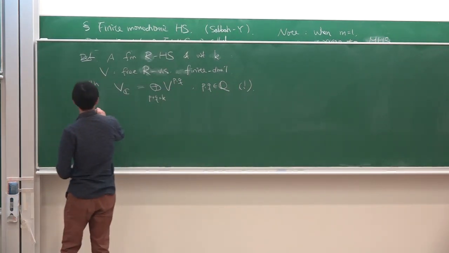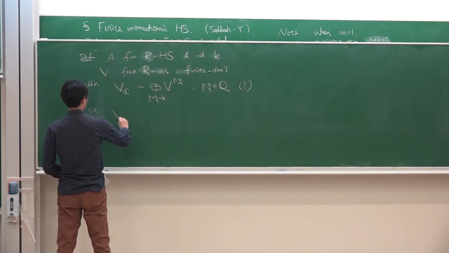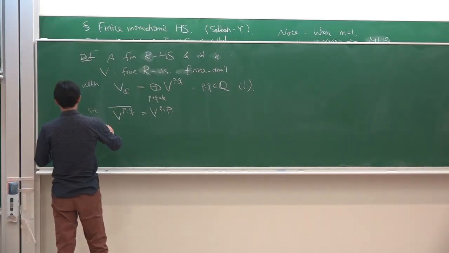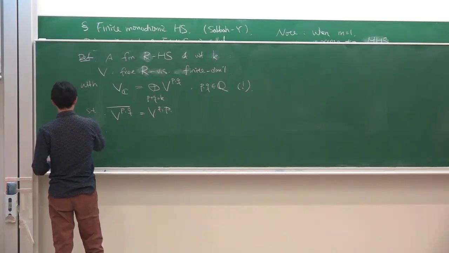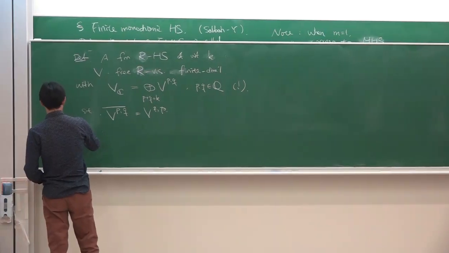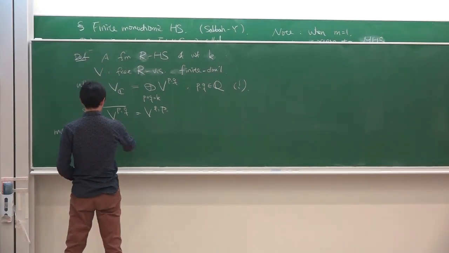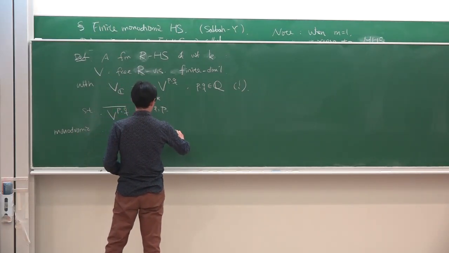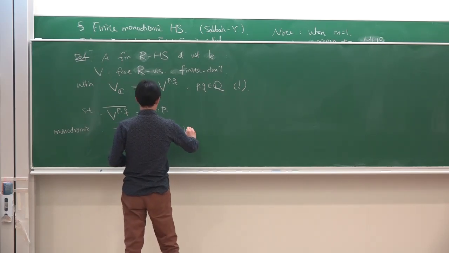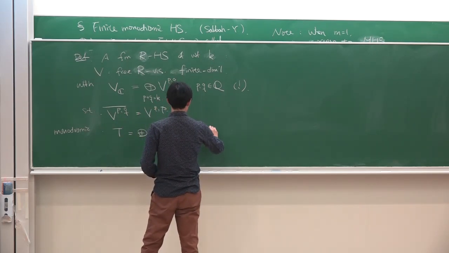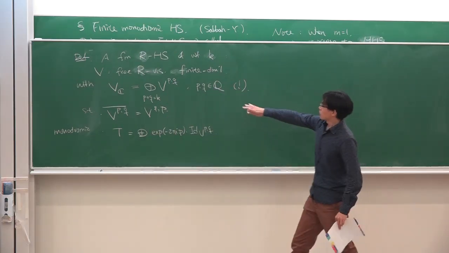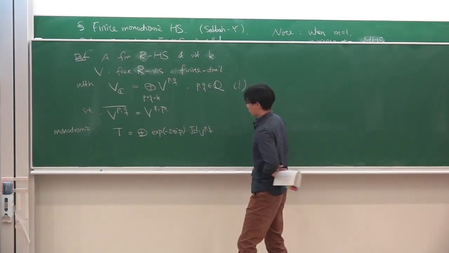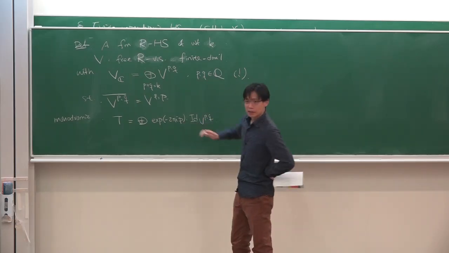Such that you still have a complex conjugation, so the conjugate of (p,q) is (q,p). And the most important thing is that you have a monodromy action, which I denote by T, defined to be the exponential of minus pi i times p times the identity on the piece. So in this decomposition, you define the root of unity action on each piece, which depends on the fractional part of p.